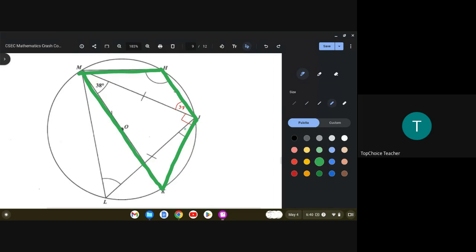This portion here that I'm covering, that's 90. So what's the sum of 90 and 38? Just 1 second, I need to get my calculator, please.